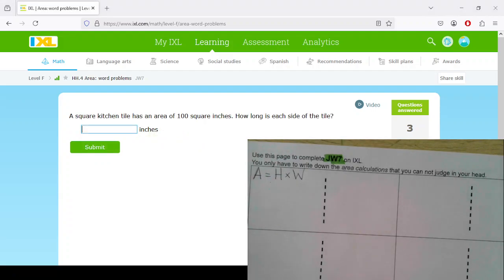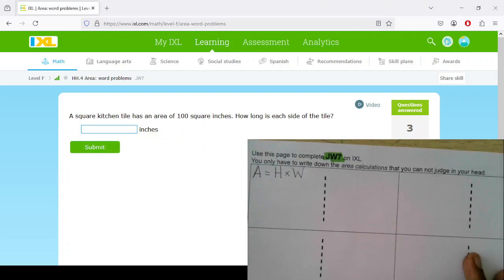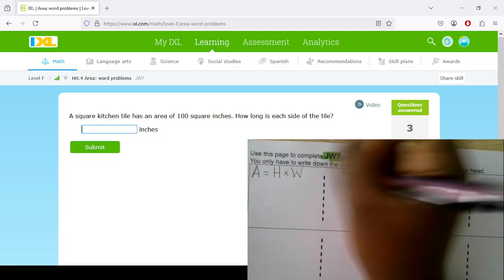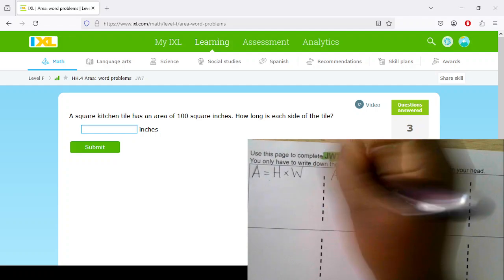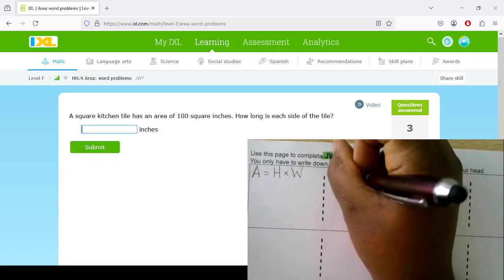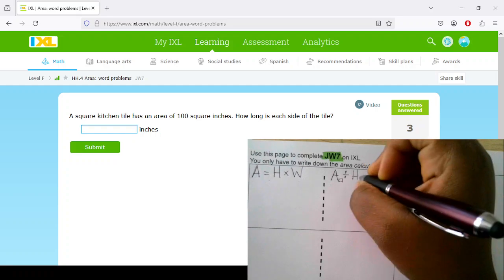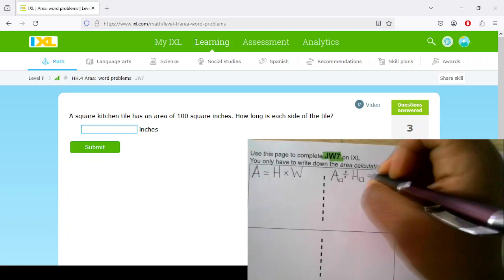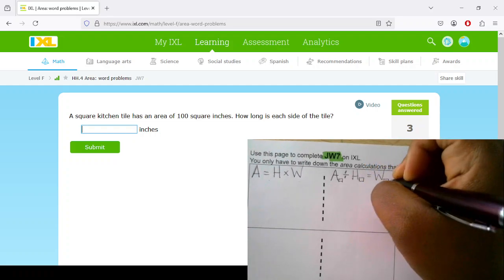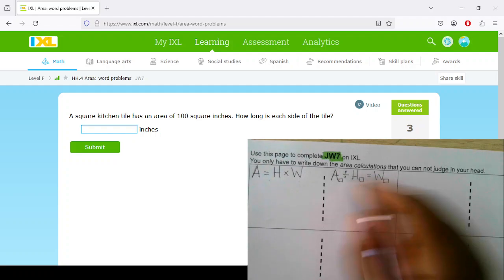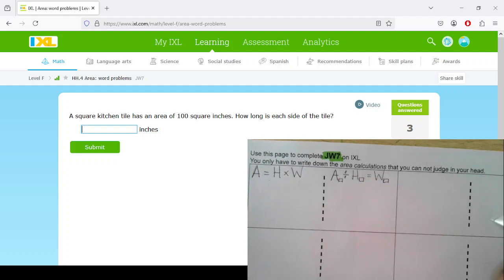So now, in this question, they asked me, how long is each side of the tile? A square kitchen tile has an area of 100 square inches. How long is each side of the tile? So the area of the rectangle divided by the height of the rectangle would be equal to the width of the rectangle, right? I can write a different form of this multiplicative relationship.